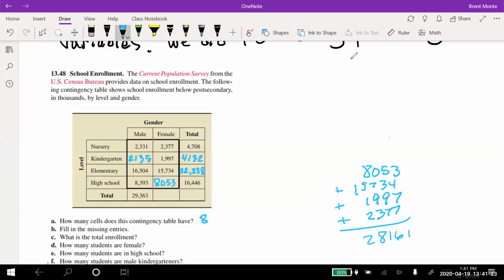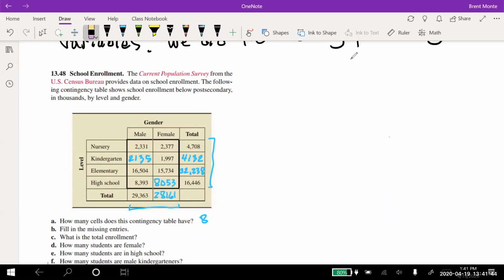All right, so 28,161. Now, I can add these two up to get the total, but that also has to be the total of these. So I'm going to do it in both directions, make sure I get the same number both times. So let's double check it that way, because if I don't get the same number both times, I made a mistake somewhere.